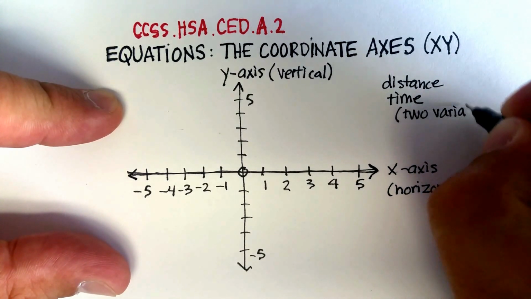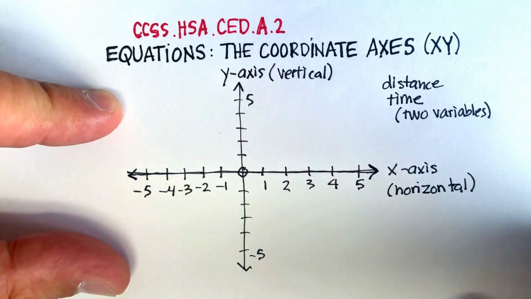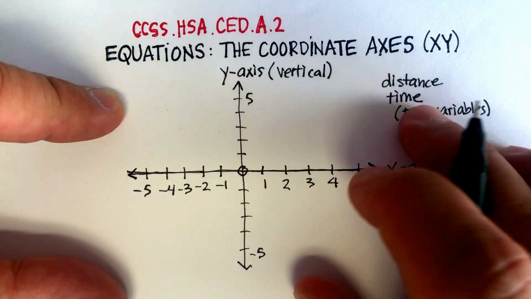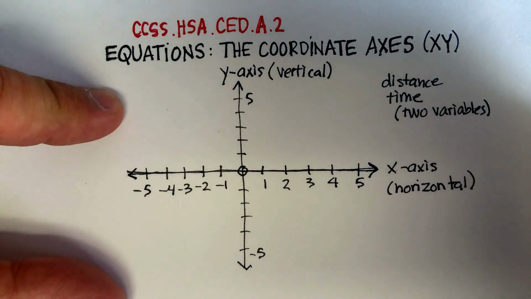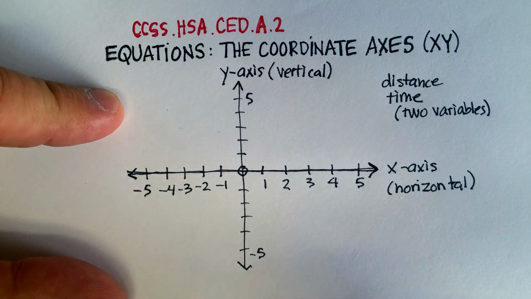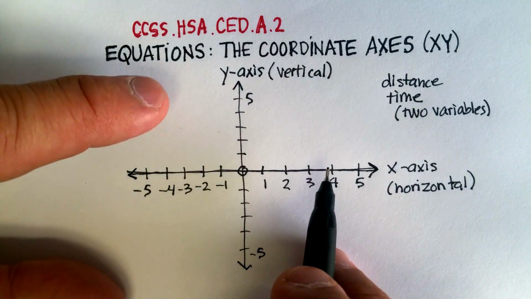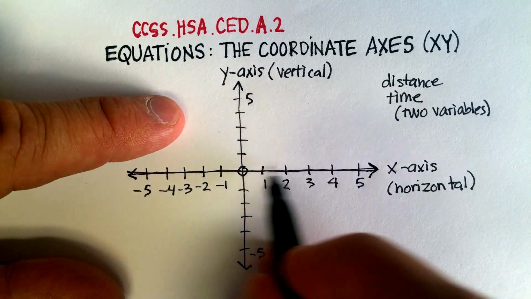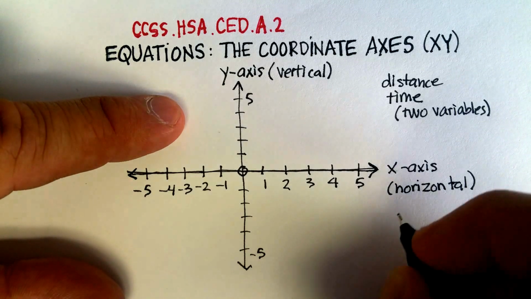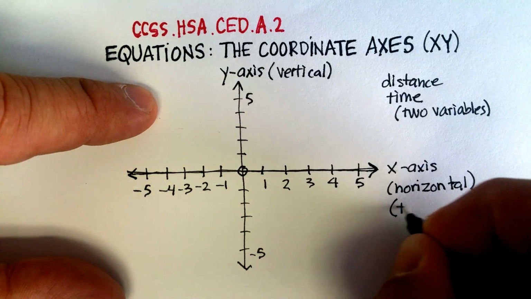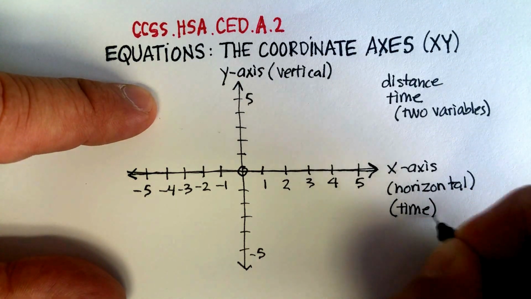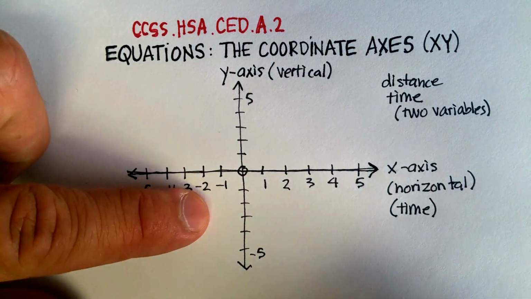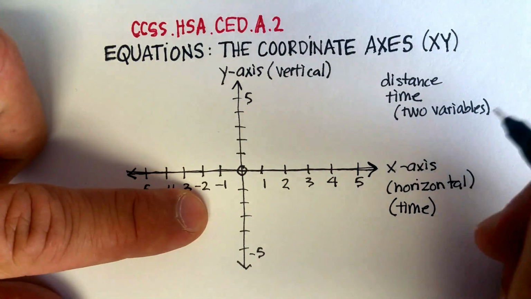Now you could describe how far a car is going over a certain amount of time just using regular words, right? But in mathematics, you have a little bit more precision in terms of how you can describe that. Now the x-axis, or the horizontal axis, is almost always the time axis. The y-axis, or the vertical axis, is always the other variable that you're comparing.